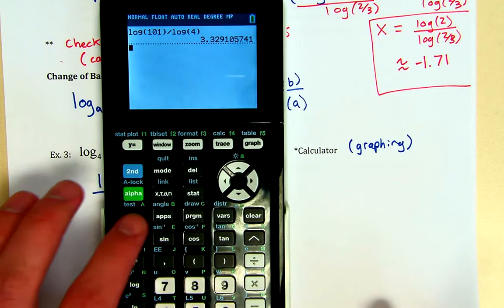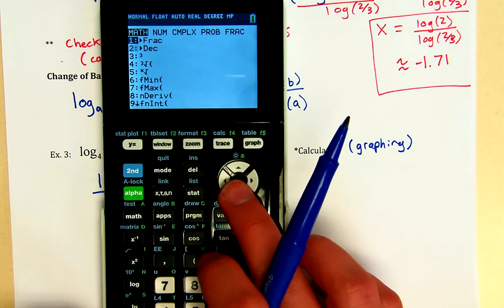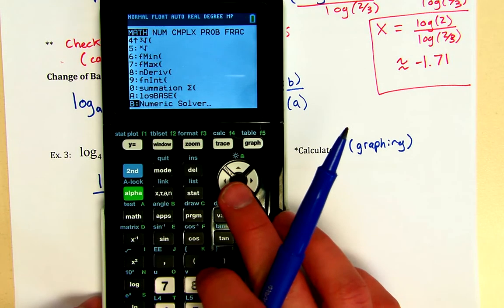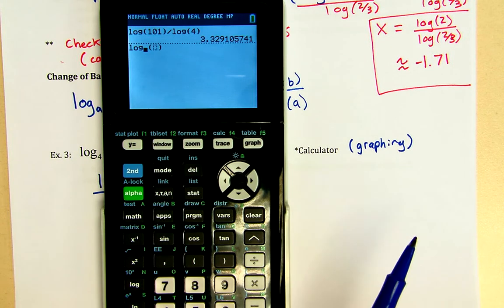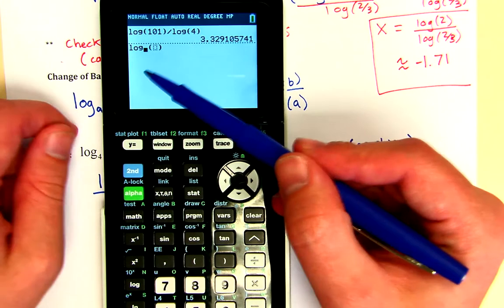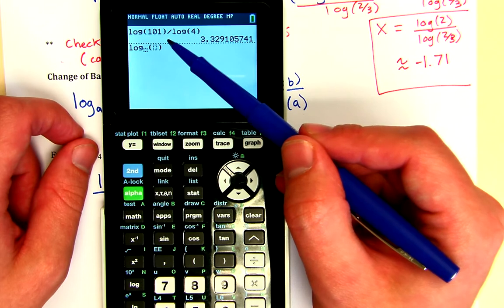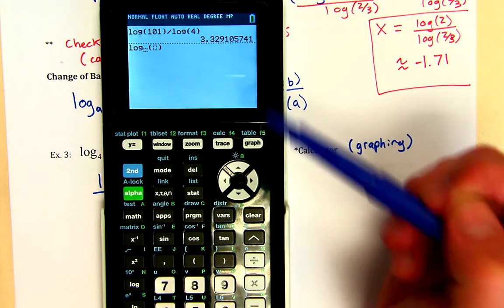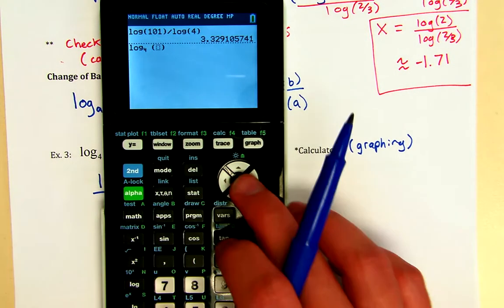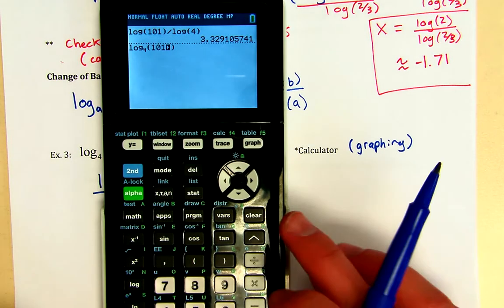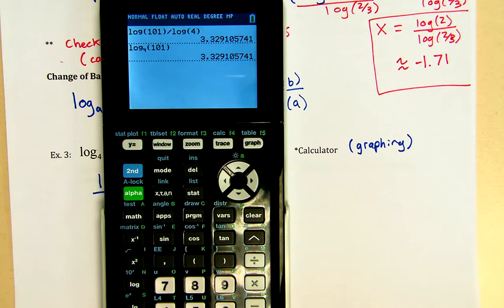If you hit the math key and arrow down a lot to get to this thing that says log base, that means log of any base. So hit it, and if you have a fancy calculator, it will say, put it here, put it there. If you have one of the older calculators, just follow the directions on screen. So log base 4 of 101, arrow out, and sure enough, we get the same exact answer.